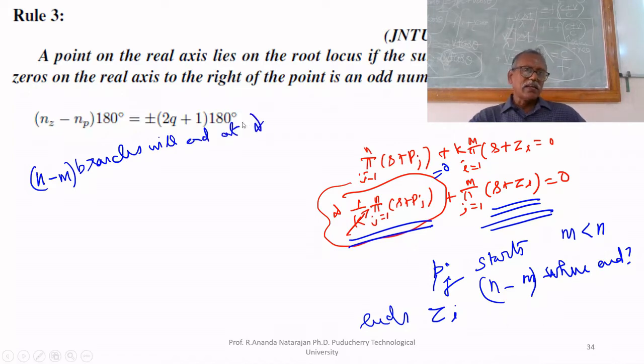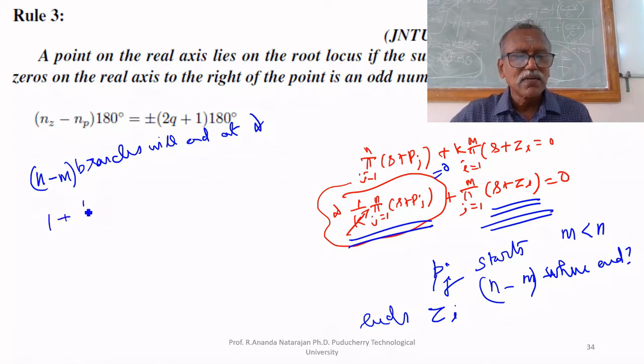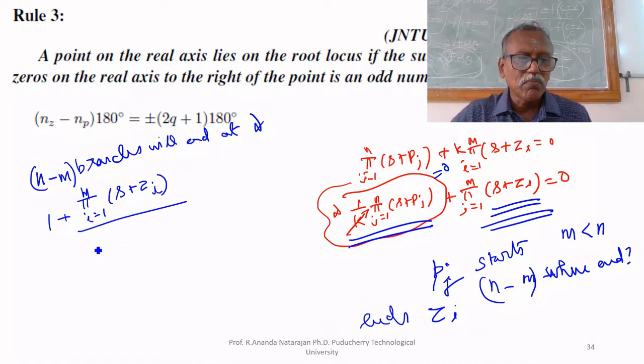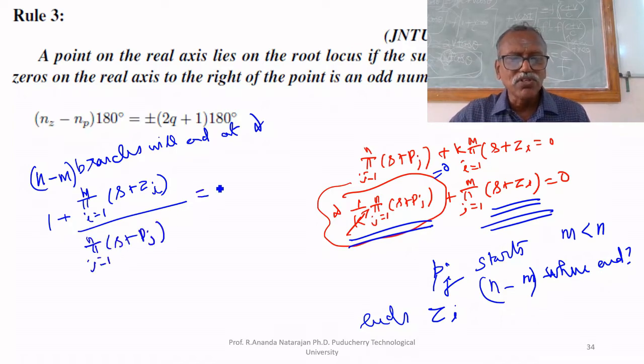For that, what can we do? What is the characteristic polynomial? 1 plus the product of i equal to 1 to m of S plus Zi, divided by the product of j equal to 1 to n of S plus Pj, equal to 0.